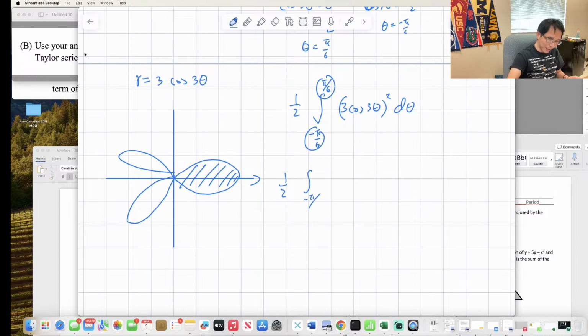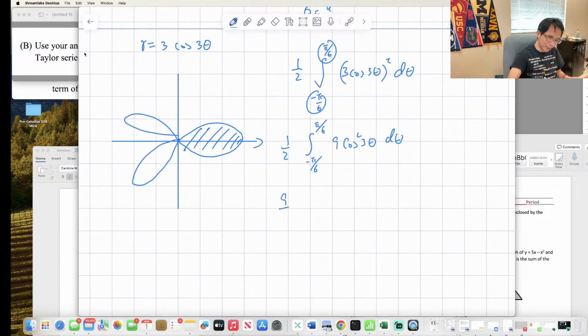It's not as bad as you think, because this one is going to be 3 squared, so it's 9 cosine squared of 3 theta d theta. What makes it easier is I can take the 9 outside, with the 2. Luckily, on the AP exam, they don't need you to really calculate this by hand. If they do, it's probably something relatively easy, not like this particular one.